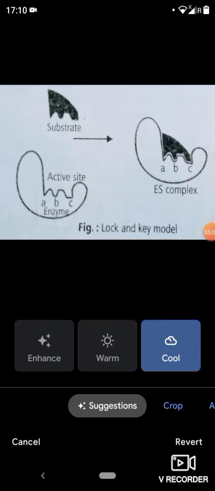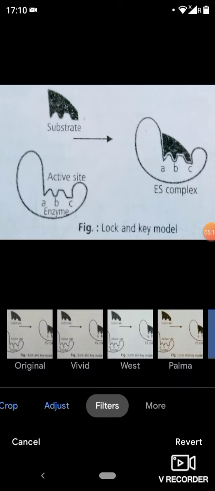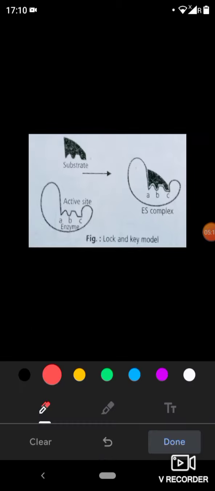The lock and key hypothesis was put forward by Emil Fischer. According to this hypothesis, both the enzyme and the substrate molecules have specific geometrical shapes. In the region of the active site, the surface configuration of the enzyme is such as to allow the particular substrate molecule to be held over it.